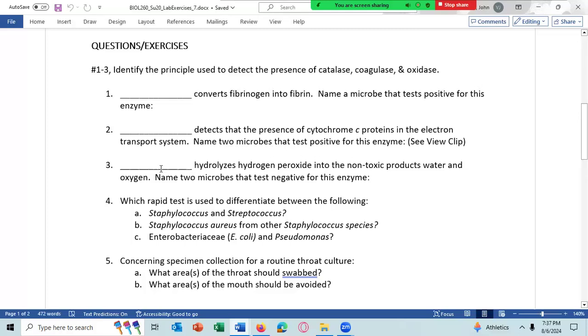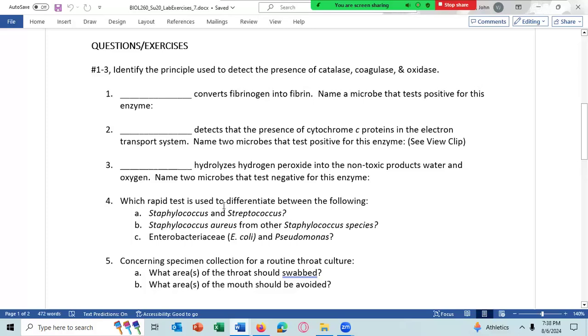And then question 3A, which enzyme hydrolyzes hydrogen peroxide into non-toxic products, water and oxygen? And then 3B, name 2 microbes that test negative for this enzyme.